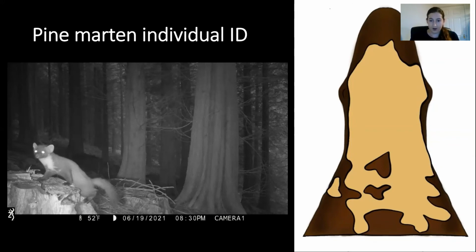For some we have diagrams showing the way it's marked, and we can use this with camera trap footage to try and match up which pine marten is which. For example, here we can see a bib diagram, and it's actually of the pine marten on the left, as we can just about see the edge of that heart-shaped patch of dark fur that's shown on the bib on the pine marten that's climbing up on the stump there. It's quite difficult, but once you get your eye in, it's quite good fun.